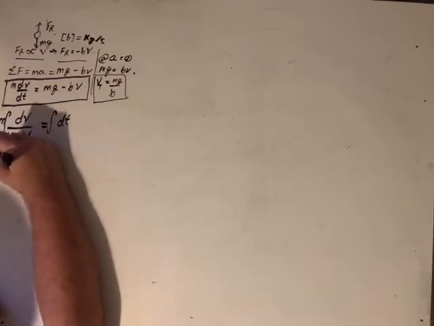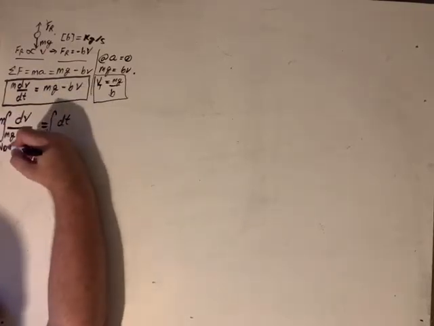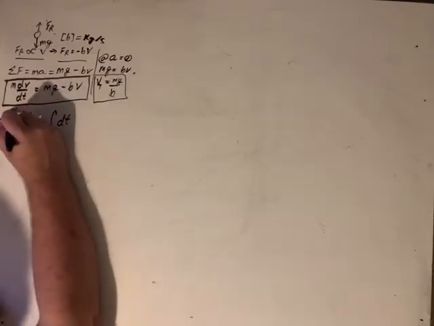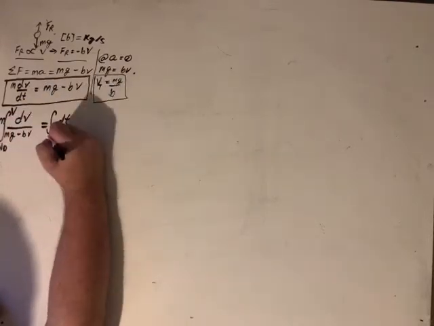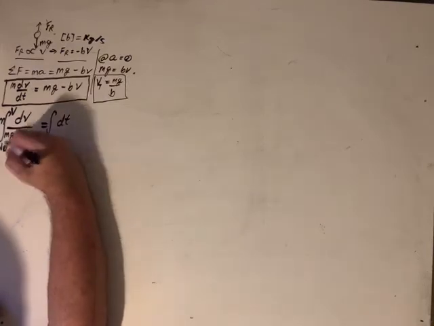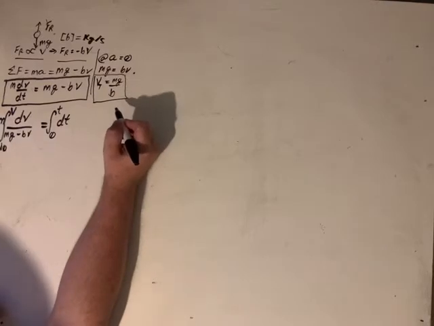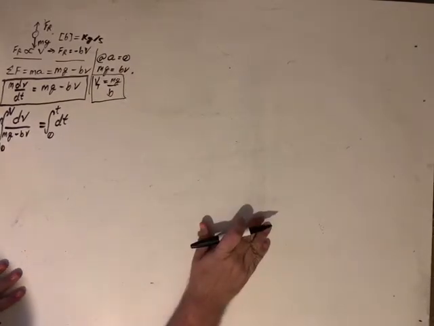I'm going to integrate the left side from the initial velocity v sub 0 to some velocity at time t, we'll call it v, and the object's going to be at v sub 0 at time t equals 0, and we're going to integrate to time t. So those are our limits.